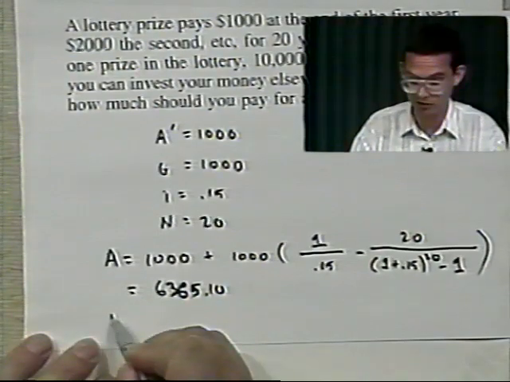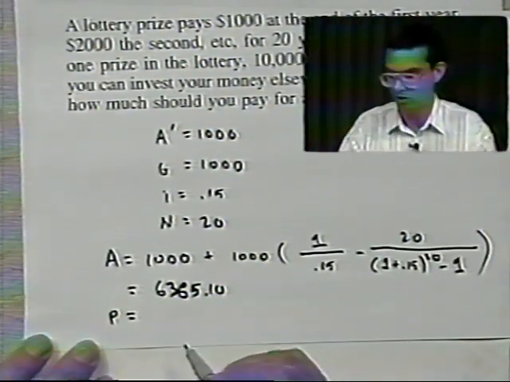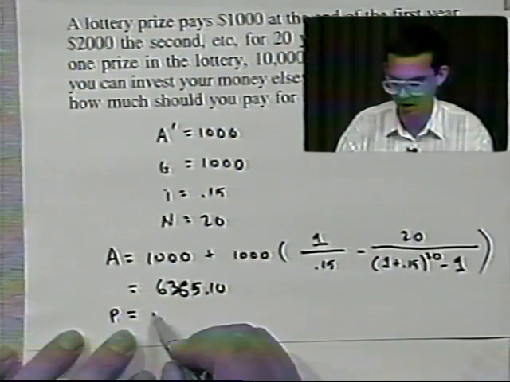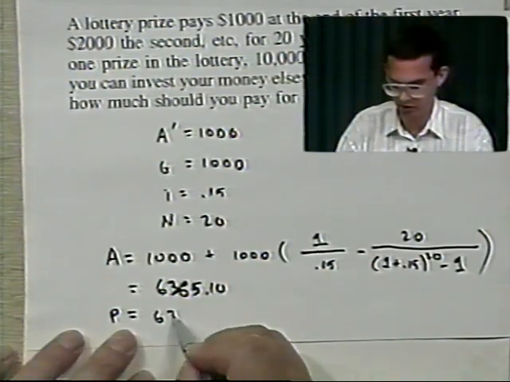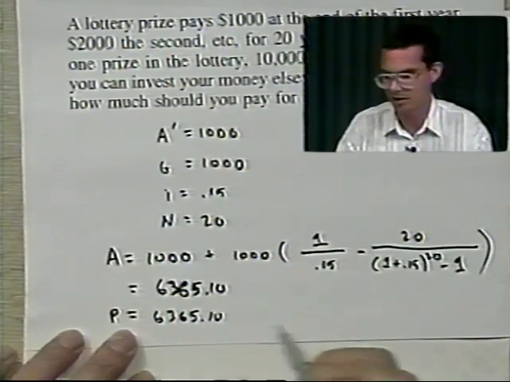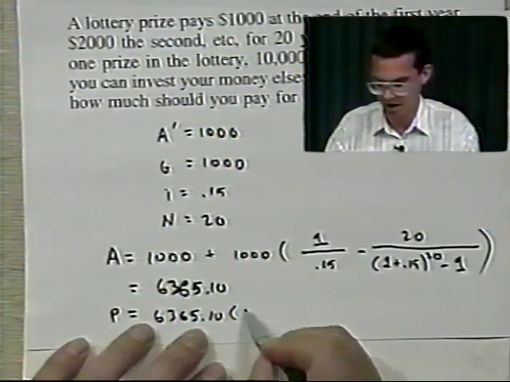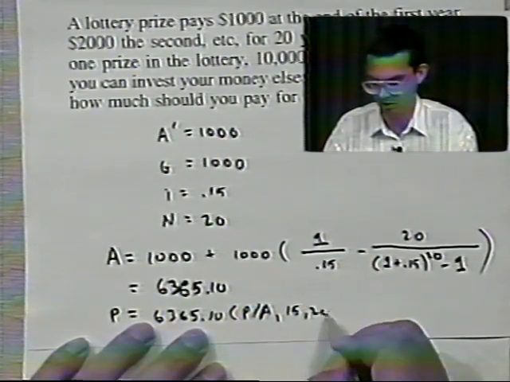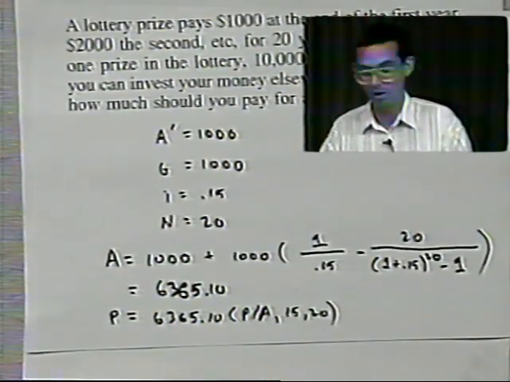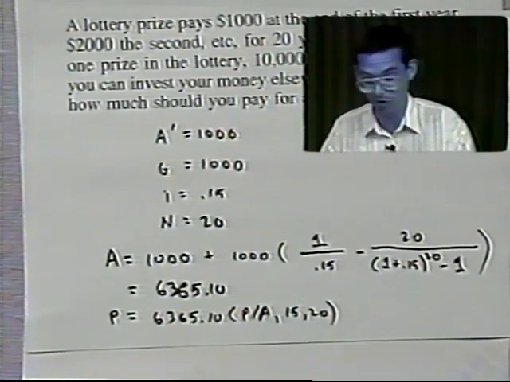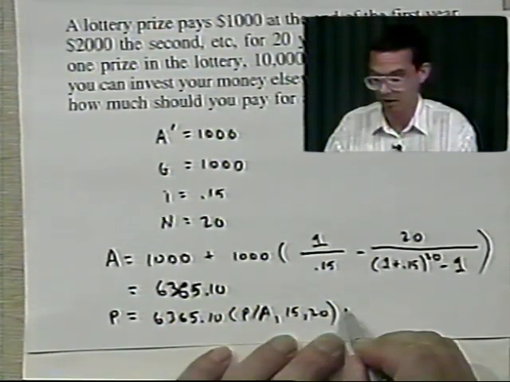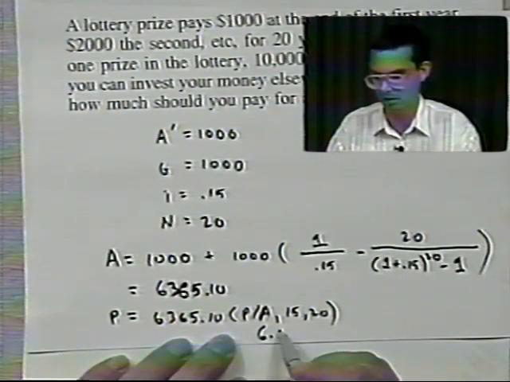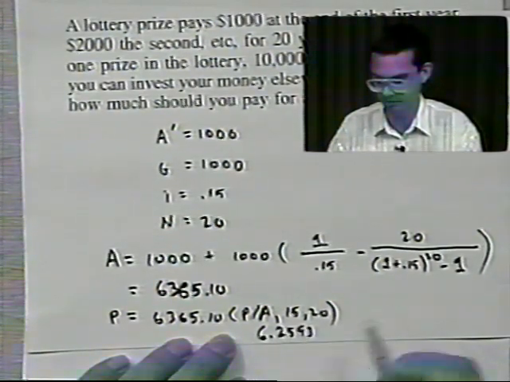We want to convert that to present worth using our uniform series present worth factor, which would be the 6,365.10 times P/A 15, 20, which we can calculate explicitly or from a book. Its value, in fact, is 6.2593.